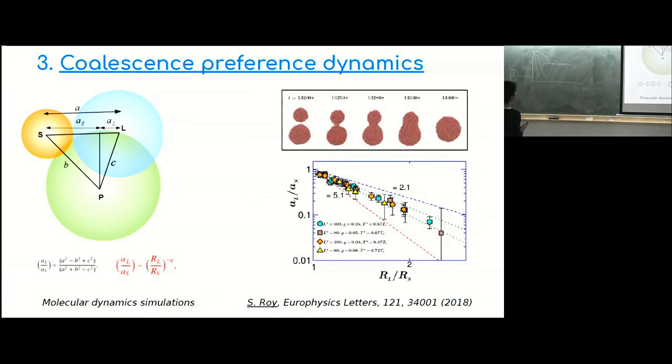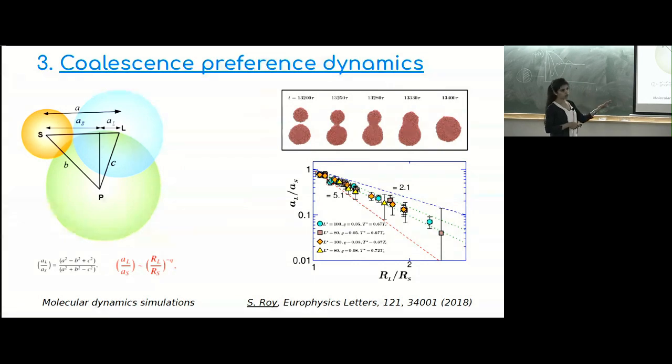So one thing we look at is something known as coalescence preference dynamics. It has to do with when two droplets or two bubbles come to each other, they collide, and then finally a final product drop forms. It's known from the Laplace pressure difference that the final drop will form close to the bigger of the parents. But the question is, how close to the bigger parent does it form?